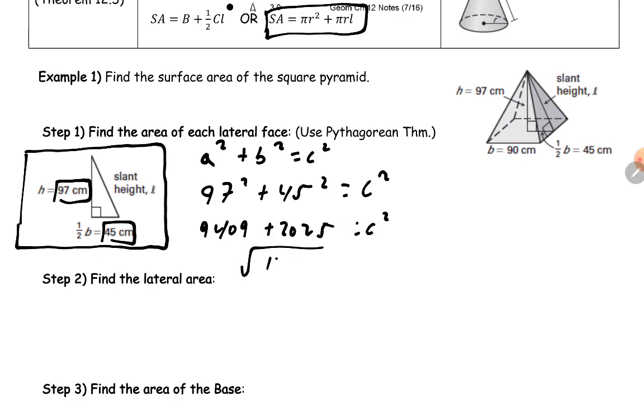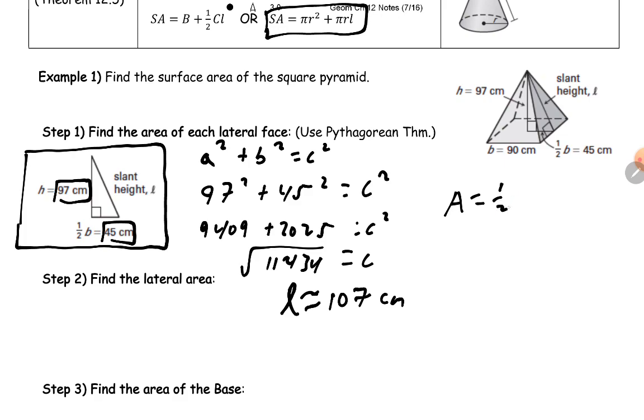Take the square root of 11,434, and that'll give us c, or in this case, the slant height, which is around 107 centimeters. Okay, now we can find the area of one of our lateral faces, one of the sides.